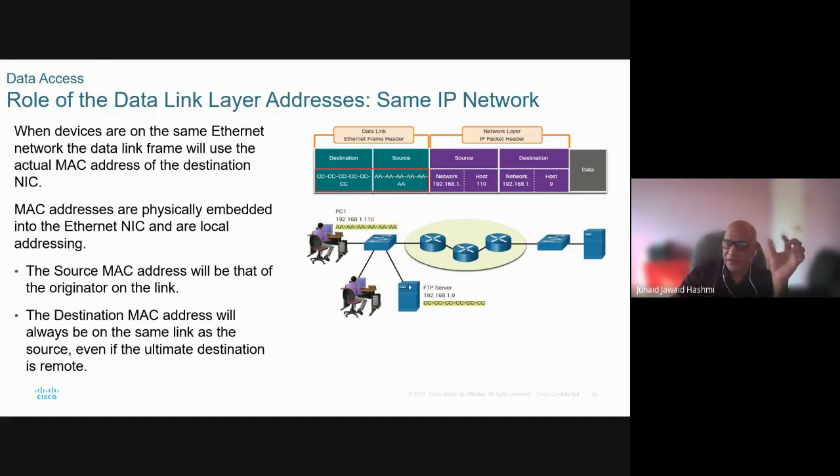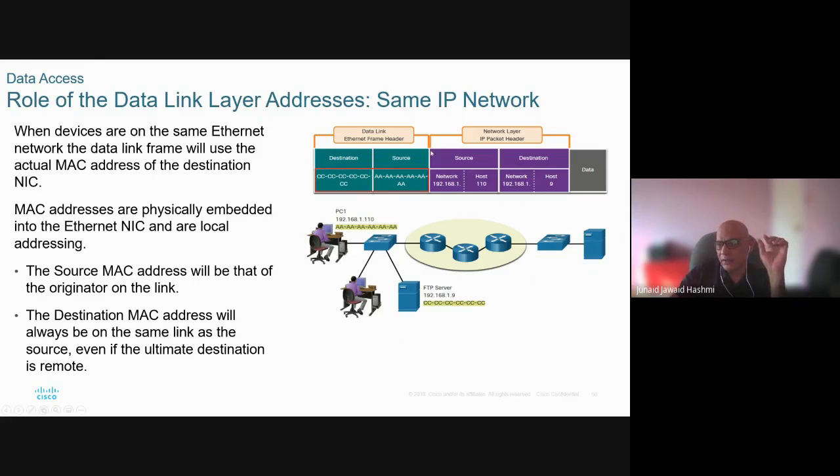If the network ID is the same, it sends it to that network. If it's on a different network, it sends it to the router by using the default gateway. And they also use the MAC address, the physically embedded address on the network.